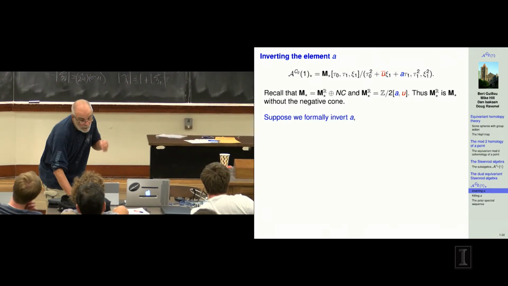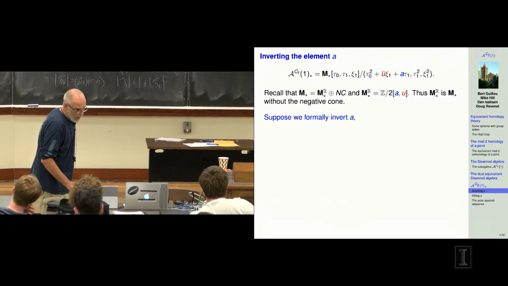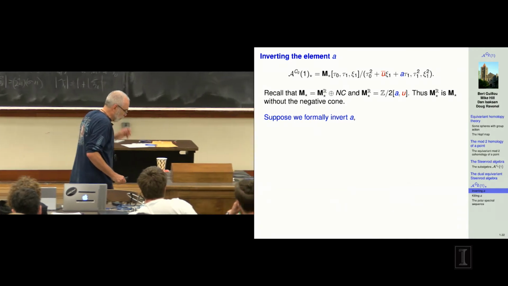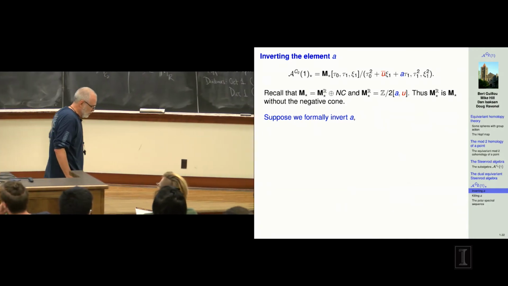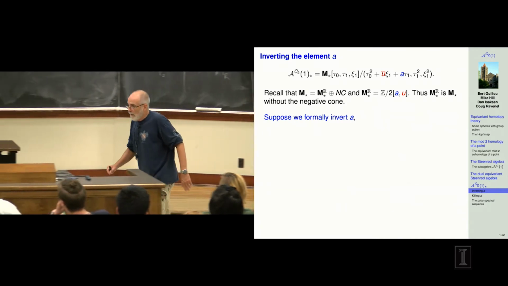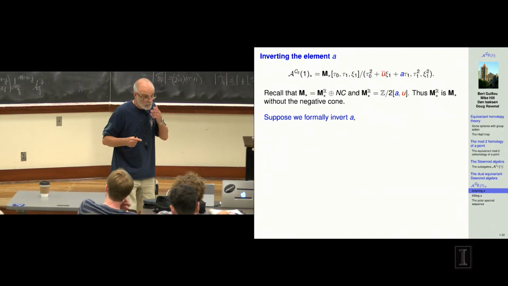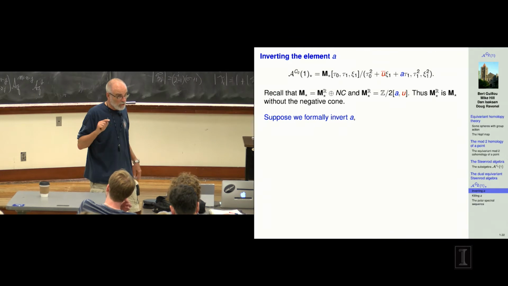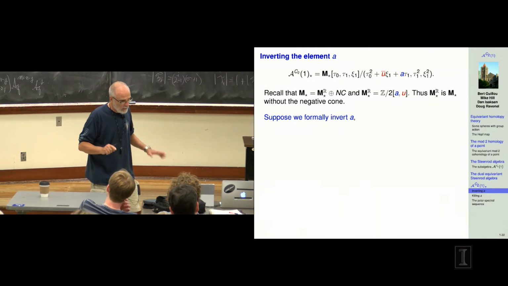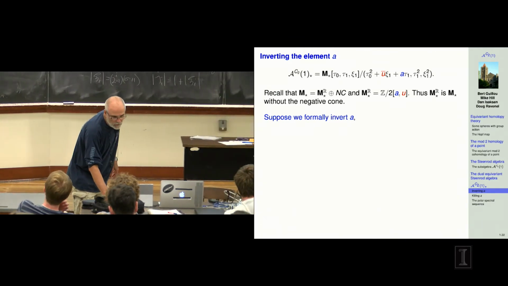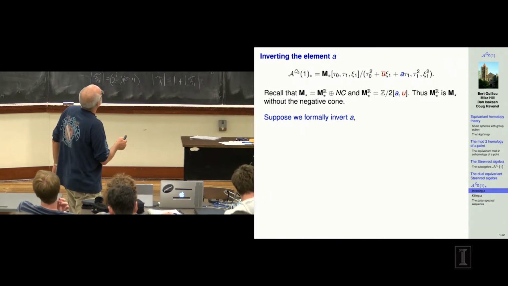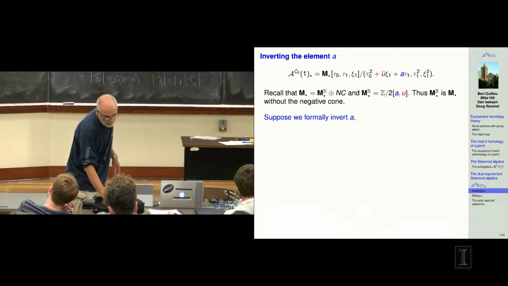Whoopee. Okay, so there's two ways you could make this a little simpler. One is you could declare A to be invertible. There is an equivariant construction related to that which has to do with geometric fixed points, but I don't have time to go into it. So let's just say we're going to formally make A invertible and see what happens.